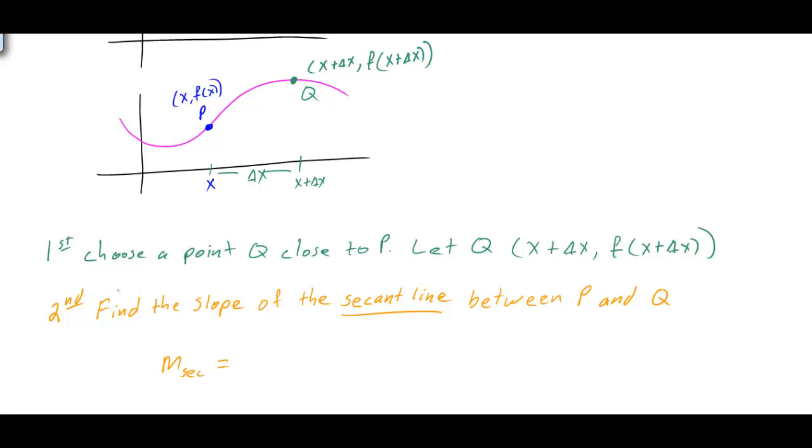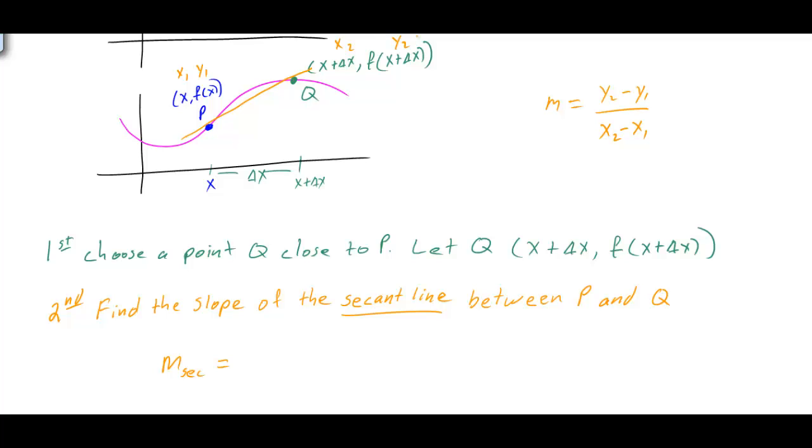Now that we have a point Q that's close to P, we want to find the slope of the secant line between P and Q. So if I draw a line here that goes through P and Q, we want to find the slope of this line. If we recall, we can find the slope of a line by taking y2 minus y1 over x2 minus x1. If we use our slope formula, we look at P as being x1 and y1, and point Q is x2 and y2.